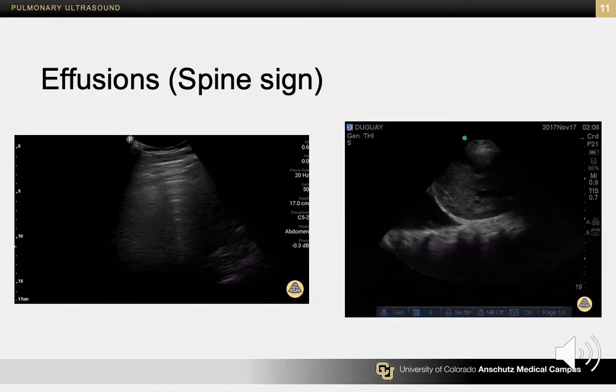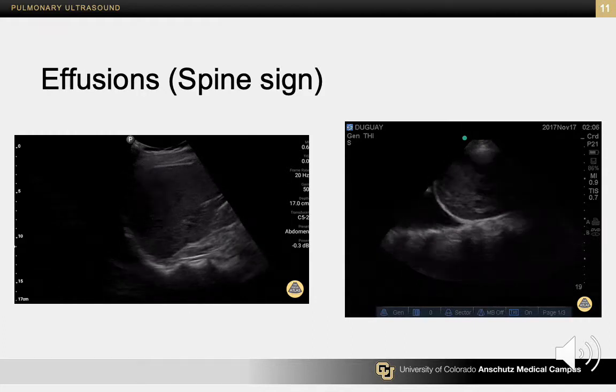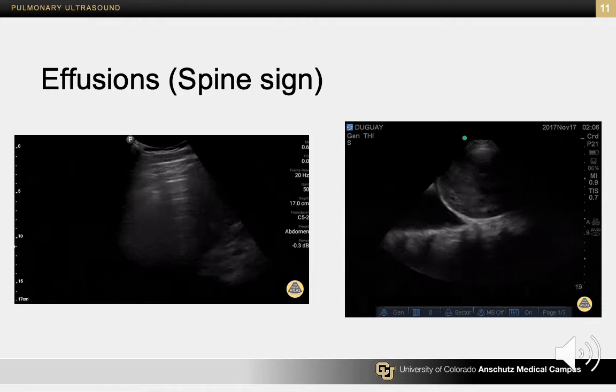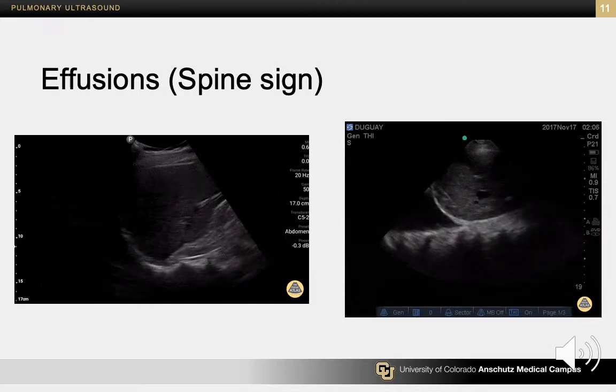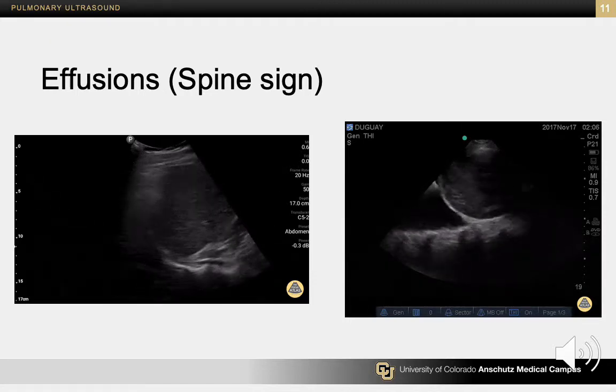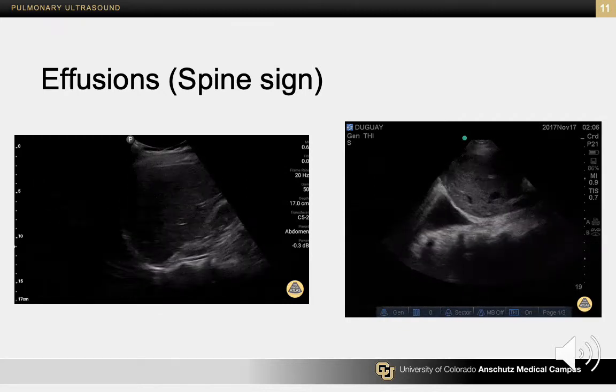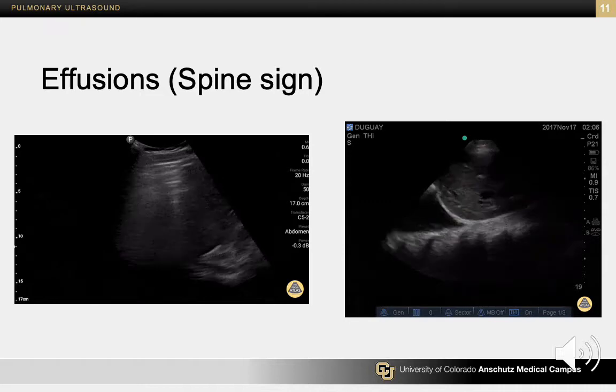So spine sign. We'll look here at the left-hand image first. So we've got liver here. You can see diaphragm here, this bright white line. And then this is a curtain sign, which is the lung moving down into your image as the patient breathes.